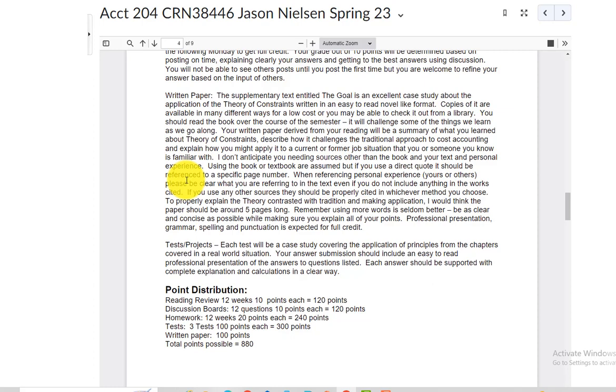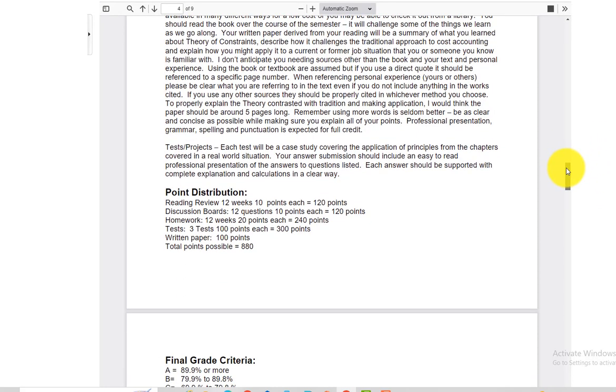Normal margins and spacing and all that good stuff. Make it so it's nice and readable, 12 or 14 font, that sort of thing, in terms of that written paper requirement, based on your reading in the book, The Goal.